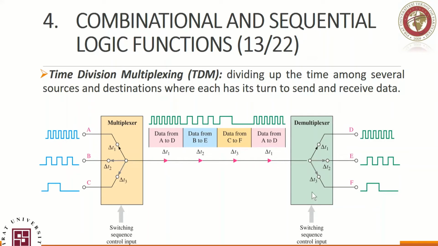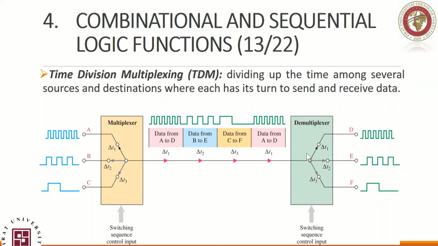Once we need to represent them in their original state, we need to use a demultiplexer. The demultiplexer is actually the converse of the multiplexer. It does the opposite. It redistributes these inputs assigned to the line, transmitted on the transmission line here.